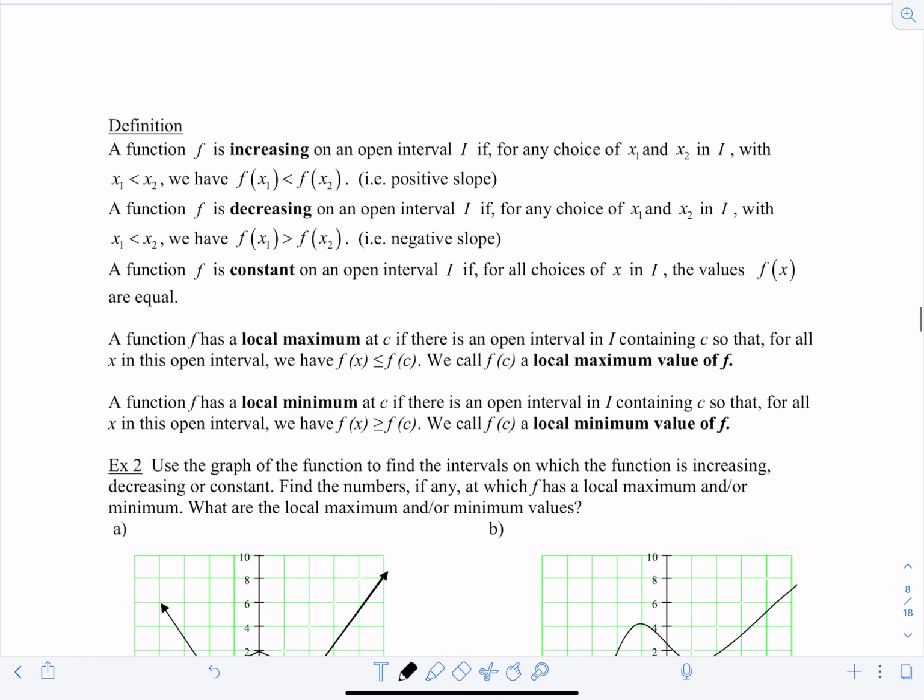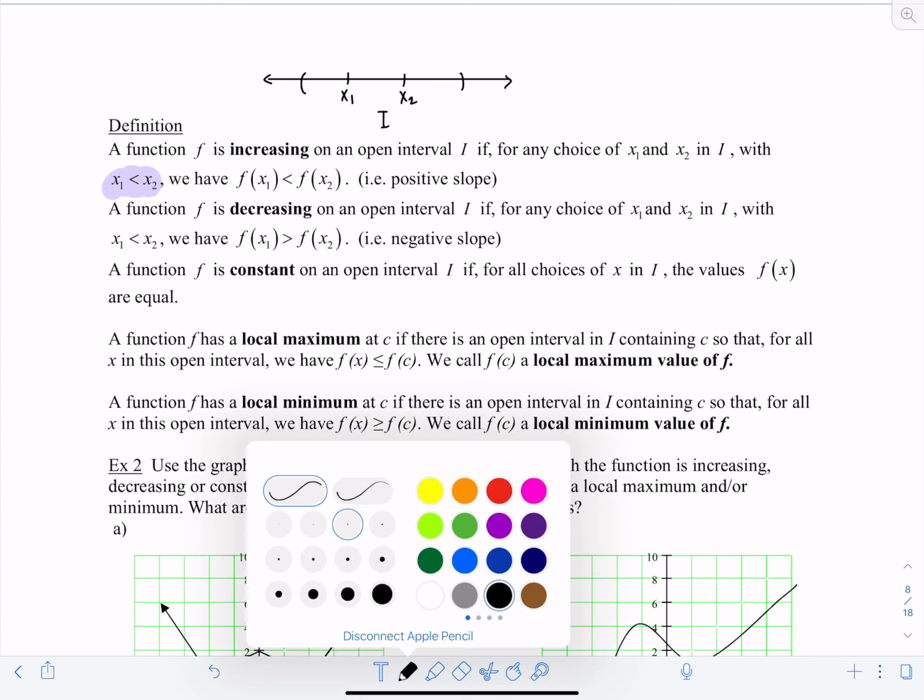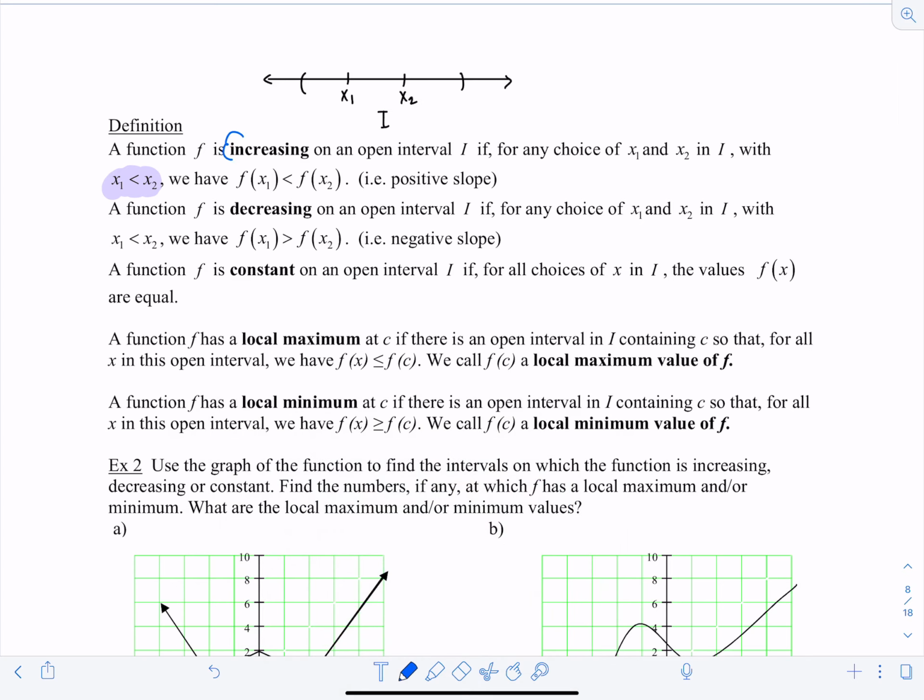So we've got this open interval I. Let me draw it out for you. I'll say I lives right here. Okay, here's my open interval. And then it says in the definition for any x1 less than x2. So I'll just put x1 here, x2 there. Then the function is said to be increasing so long as f of x1, the y value here, is strictly less than f of x2.